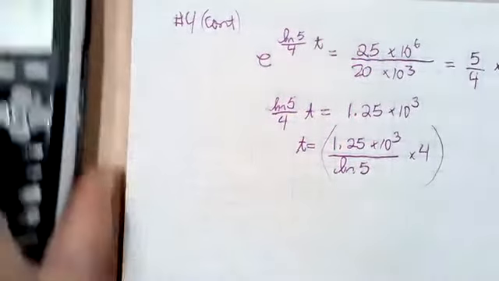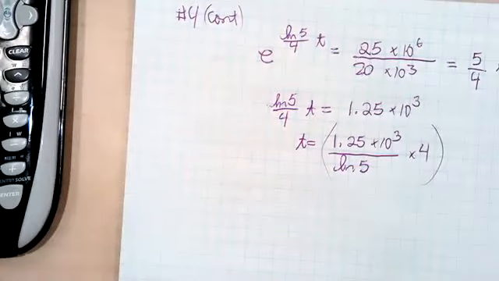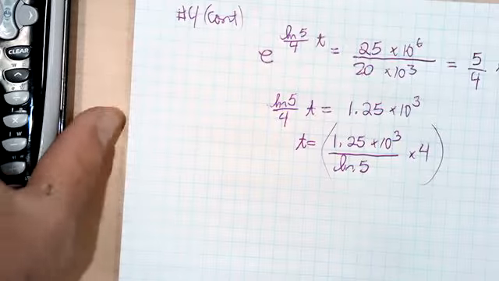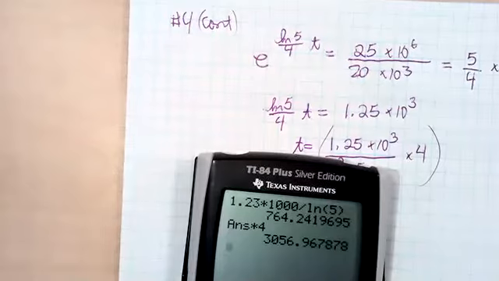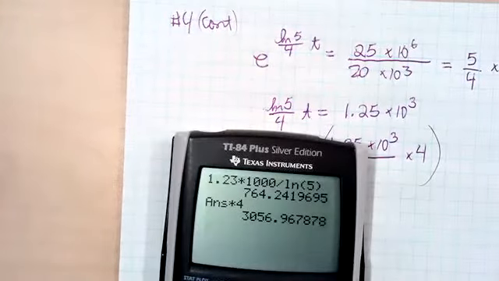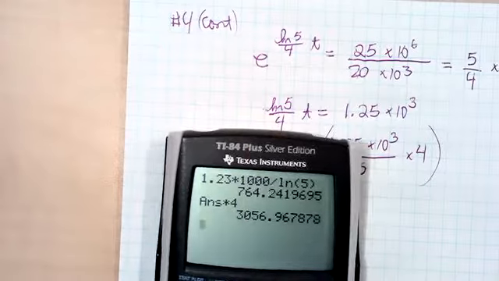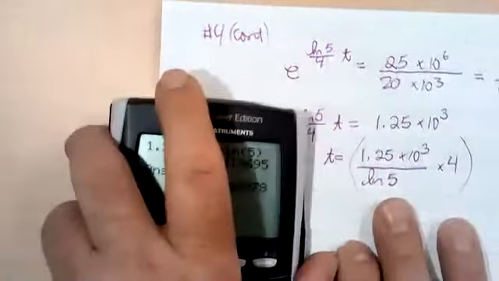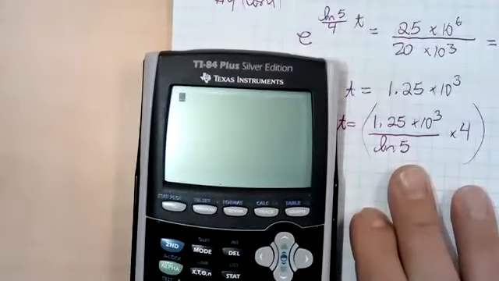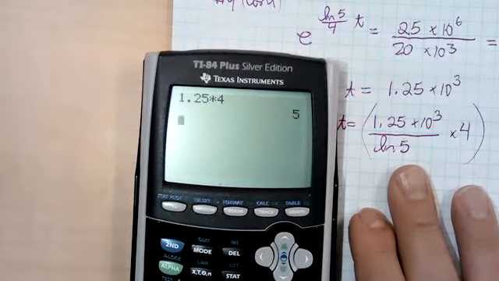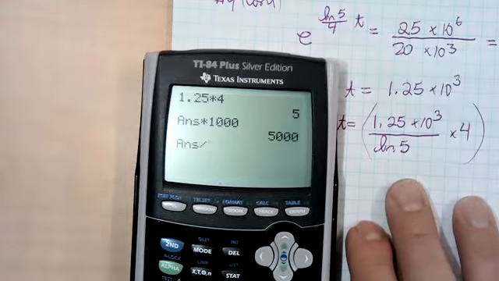Well, what did I do wrong? Did I type the wrong thing? Oh, I did, but I don't think that accounts for all of it. Let's just try this again. 1.25 times 4, 5 times 1,000, divided by log 5.